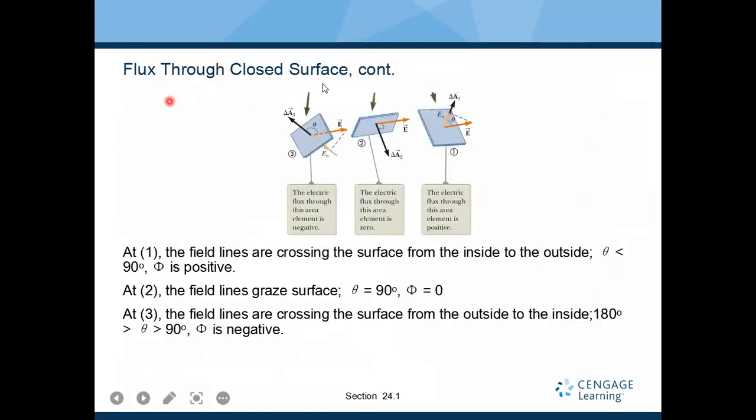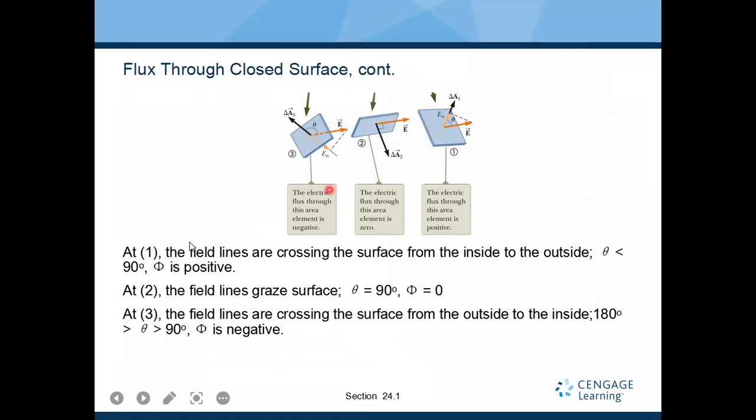So for the flux through the closed surface, the electric flux through this area element is negative, because theta is more than 90 degrees. The electric flux through this area element is 0 because the angle is 90 degrees, so cos 90 degrees equals 0. And the electric flux through this area element is positive because the angle is less than 90 degrees.